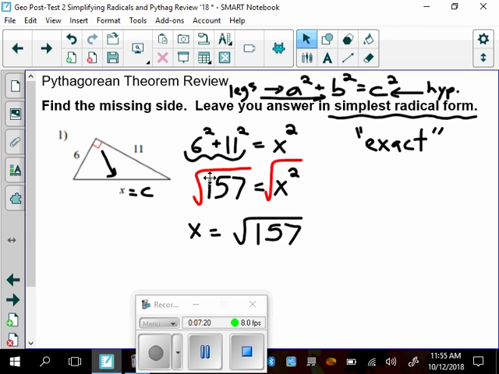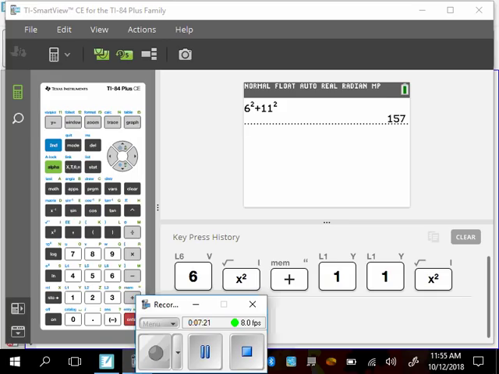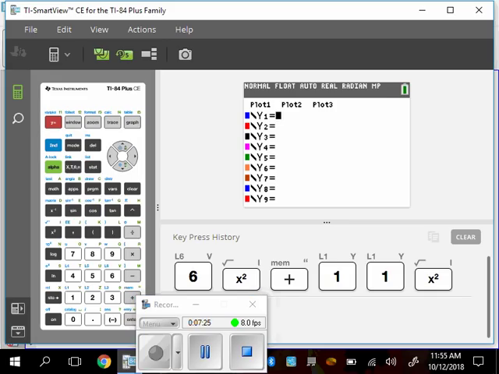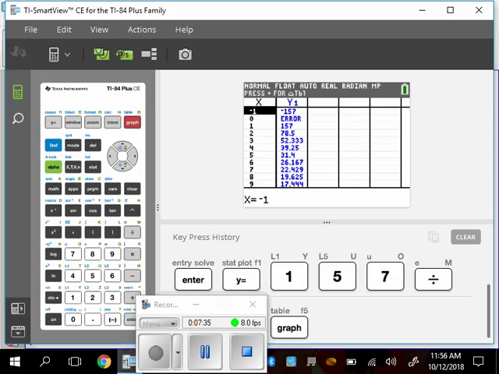So we go back to our calculator. And in my calculator, if I go into y equals, I can type 157 divided by x. And then I can go into the table by hitting second graph, right? And then I can start looking through the table to see, are there any values that go into 157, and more specifically, are there any perfect squares?